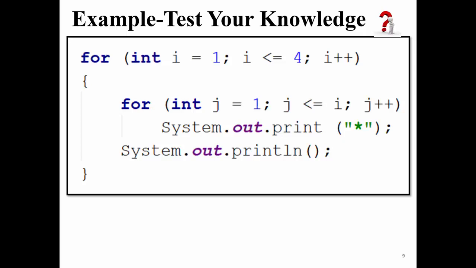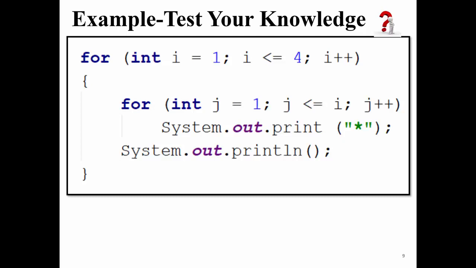So now you have two for loops. The outer loop initializes i to 1, then makes sure this loop keeps running as long as i is less than or equal to 4, and at the last statement of the for loop, we increment i by 1. But the inner loop relies on the outer loop in terms of iterations.